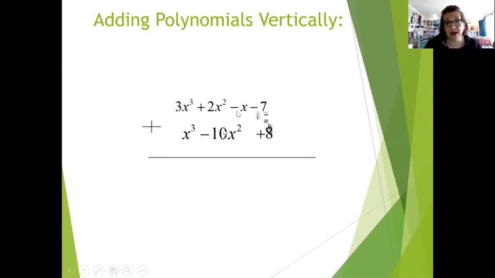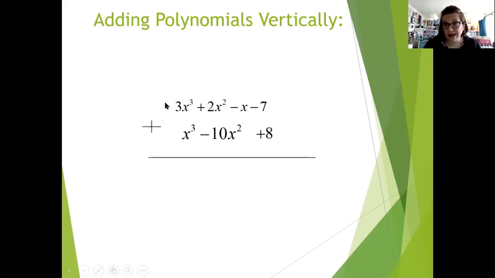And then this poor guy, this little x that's right here, he doesn't have any friends, so he doesn't get combined with anybody. He just gets brought down. One thing that's important to pay attention to in all of this is your positive and negative numbers skills are going to come back and be really important.